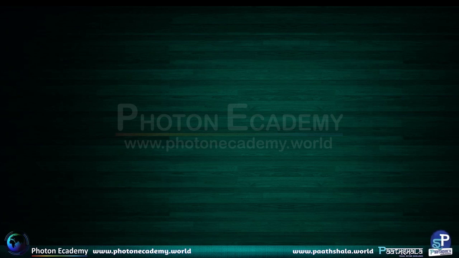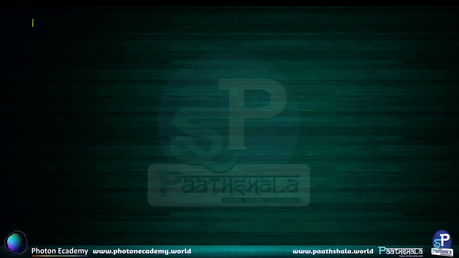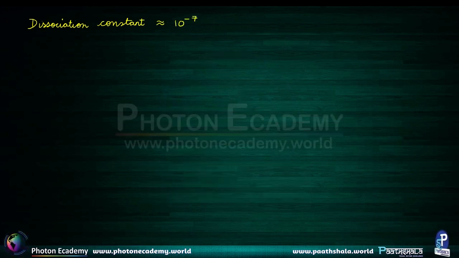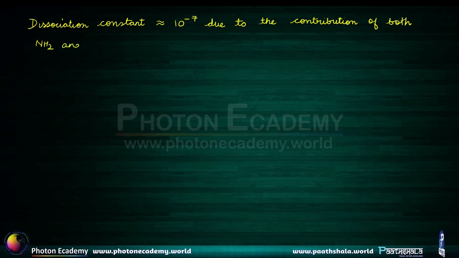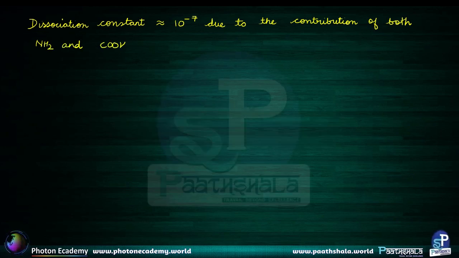So you just write a statement saying that the dissociation constant is roughly in the 10 raised to the power minus 7 range due to the contribution of both the NH2 and COOH groups.